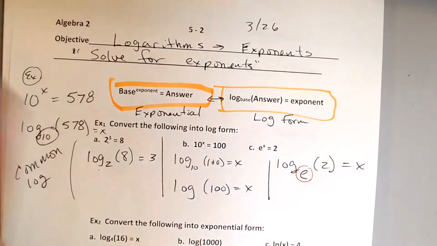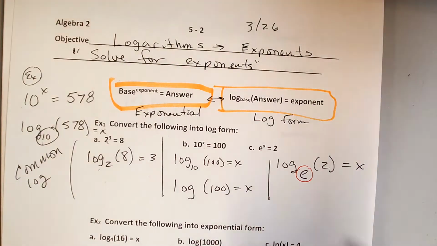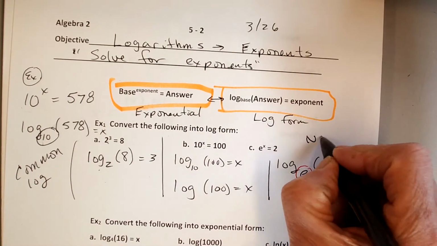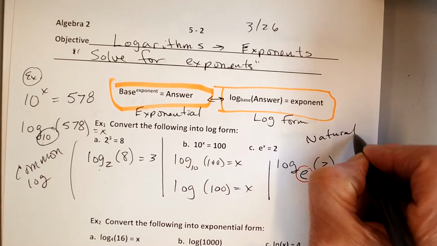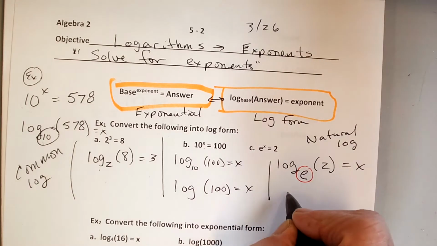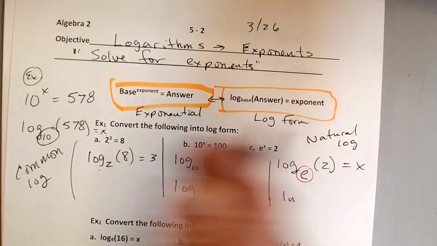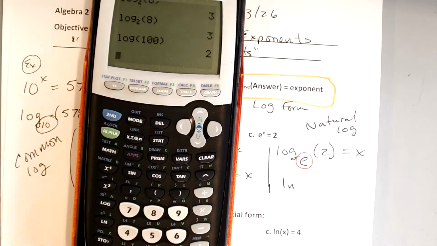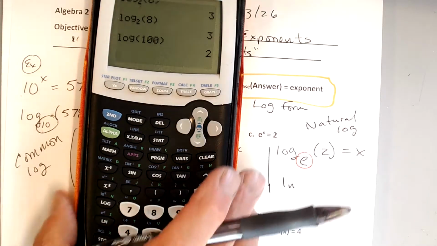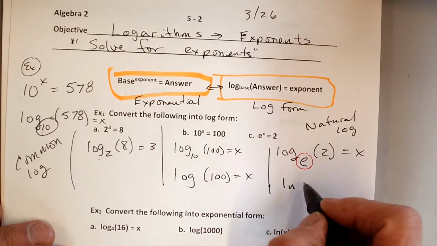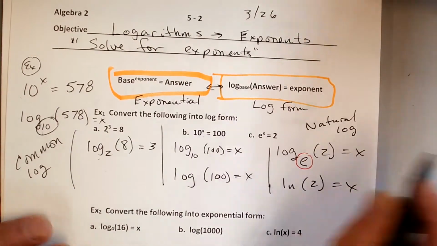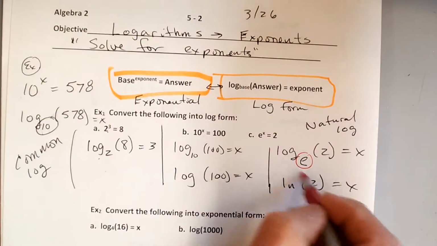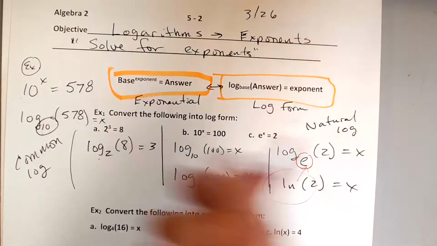So when we do log base E, we do what we call the natural log. And the reason I say that is we're going to go ln. We're going to rewrite it as ln because that's in our calculator. There's an ln button. See, there's a log, and there's an ln, okay? So we're going to go ln of 2 equals x. So when you see ln, you know it's base E.